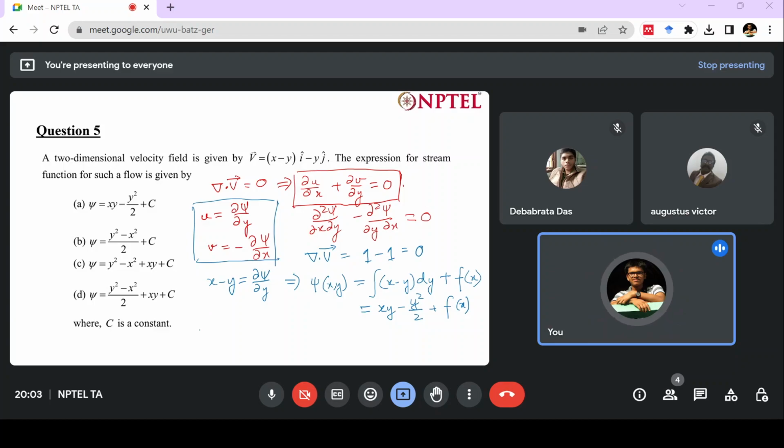So v is minus y. We'll put minus y here, and minus y is equal to minus del psi del x. So let's solve this. Again, we will write psi of x comma y. Psi is a function of x and y here. So this is simply y dx.